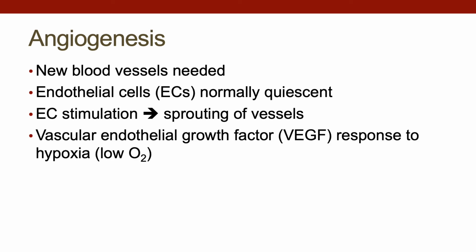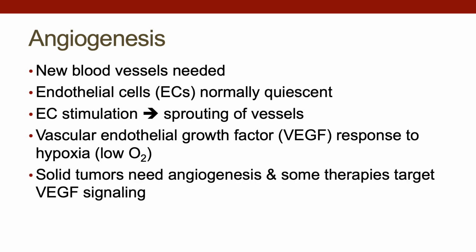And that involves vascular endothelial growth factor, or VEGF, that responds to hypoxia. And I mentioned in the gene expression lecture that involves this hypoxia-inducible factor 1 alpha that is regulated by oxygen and is turning on the gene for vascular endothelial growth factor.